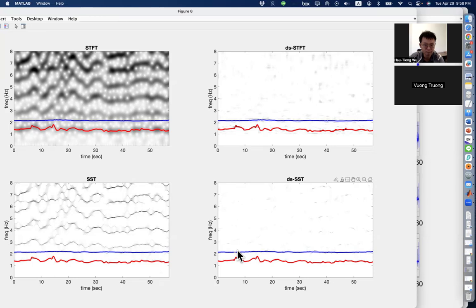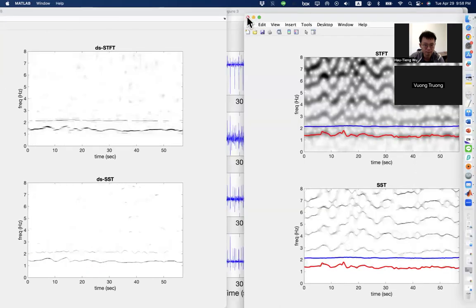But in some other cases, which you can play with, you can find some cases in the database where the fetal ECG is stronger, so that if you just apply the traditional peak detection, then you don't get the desired result. Okay, so this is another case.